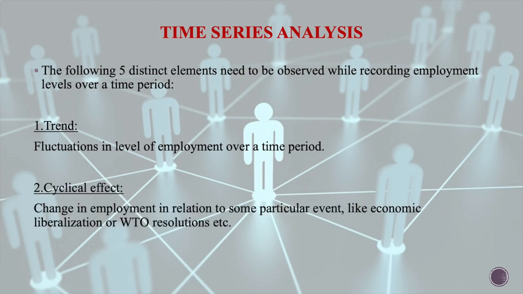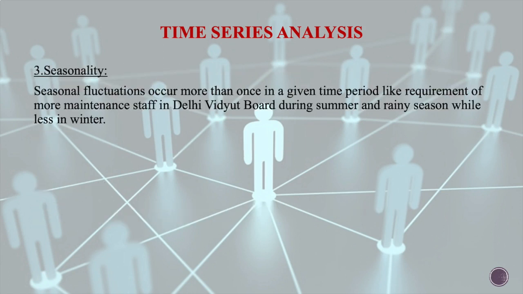Number 2, cyclical effect. Change in employment in relation to some particular event like economic liberalization or World Trade Organization resolutions. Number 3, seasonality. Seasonal fluctuations normally occur more than once in a given time period, like requirement of more maintenance staff in Delhi Vidyut Board during summer and rainy season while less in winter.